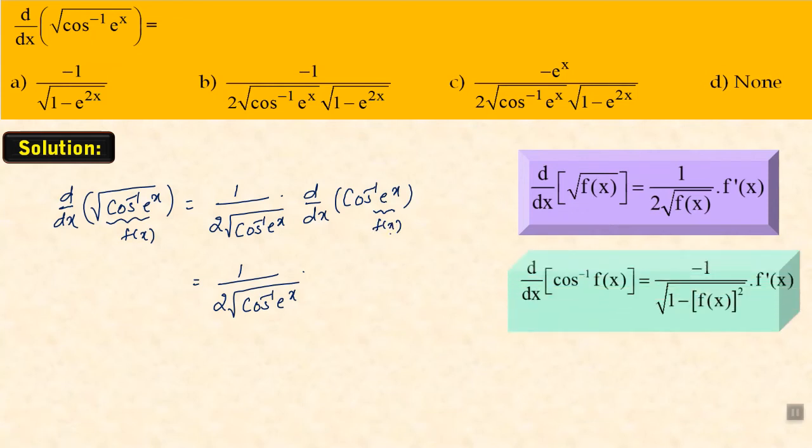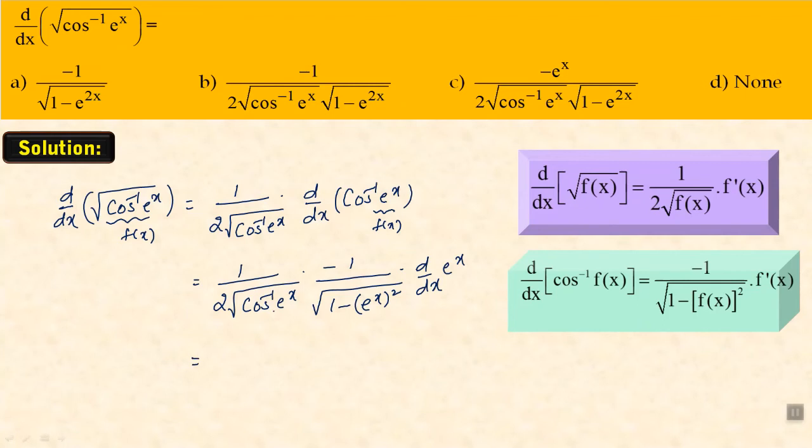D by dx of cos inverse f of x is equals to minus 1 by square root of 1 minus f of x, that is e power x whole square, into f dash of x, that is d by dx of e power x.